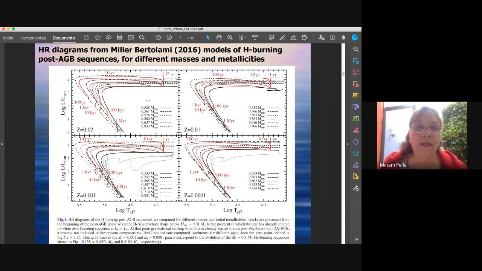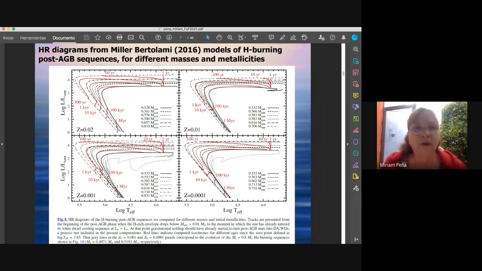If we can determine the luminosity and the effective temperature of the central star by means of, for instance, modeling the planetary nebulae, we can locate this star in this diagram and then determine its mass. And by using the models, we can determine the initial mass of this star.